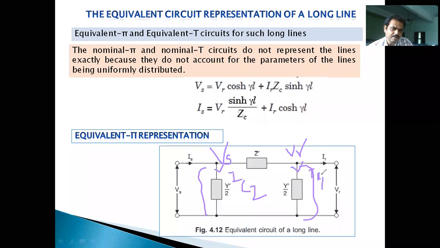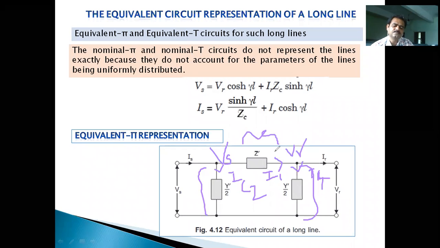Once we obtain IC1, the current passing through the shunt branch, voltage multiplied with admittance gives the current passing through it. Once we know this current, plus IR directly gives the current passing through this, which is termed I1 or IL previously.